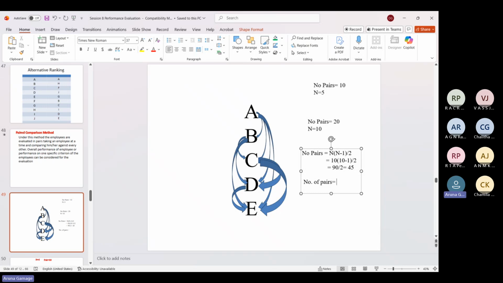So n equals 5. 5 minus 1 means 4, divided by 2. 5 into 4 means 20, divided by 2 gives 10. Yes, our previous example. Number of pairs 10. Understood? Is that clear?